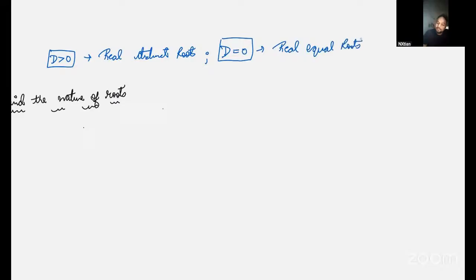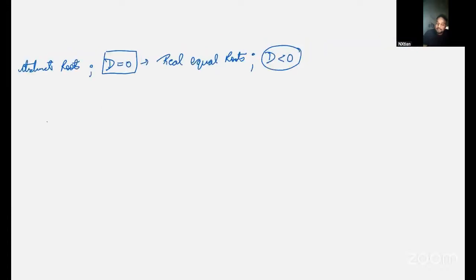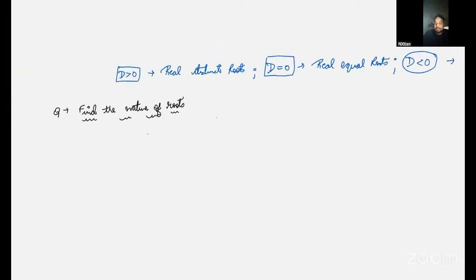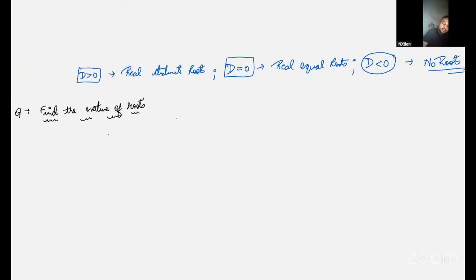And the third, D is smaller than 0, like negative, in this case we will get no roots. Did you understand? And how will you get the value of D? There's a formula, b square minus 4ac, by this formula you will find the value of D.